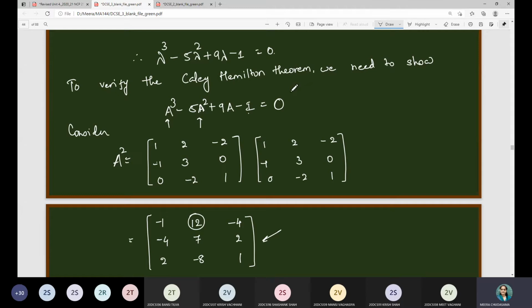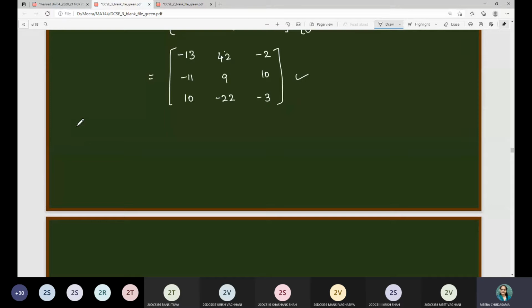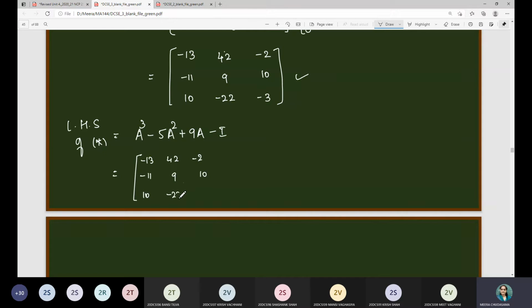So now I will call this expression star. So now we are going to verify the Cayley-Hamilton theorem, and for that we need to consider LHS of star, that is equal to A cube minus 5A square plus 9A minus identity. So I will write down this quantity: minus 13, 42, minus 2, minus 11, 9, 10, 10, minus 22, minus 3, minus 5 into A square.